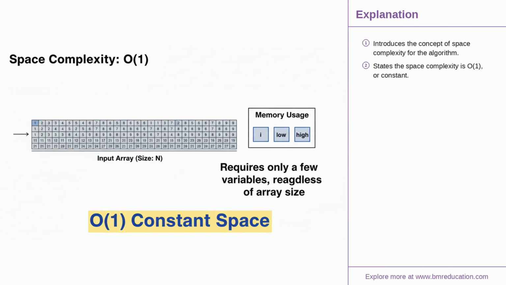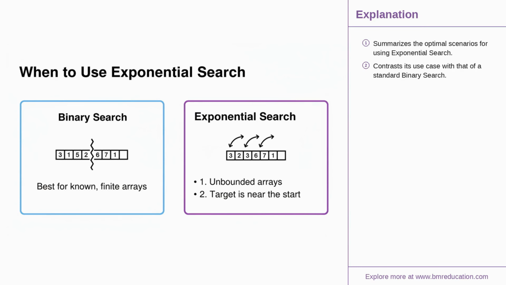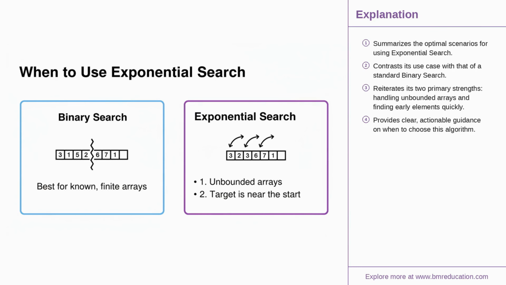What about memory usage? Exponential search is very memory efficient. It operates in place, meaning it doesn't require any significant extra memory that scales with the input size. Its space complexity is O(1), or constant, which is a major advantage for massive data sets. This analysis leads to its ideal use cases. Exponential search outperforms a standard binary search when the target element is likely to be near the beginning of a very large array.